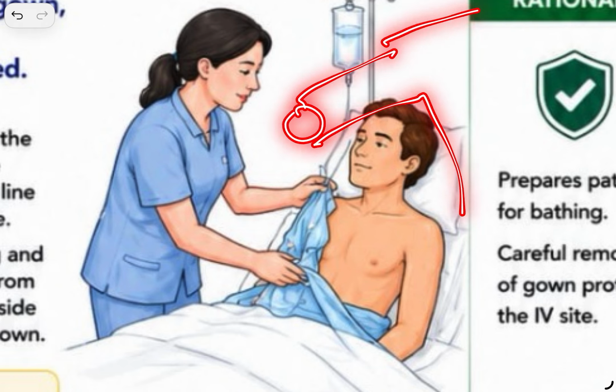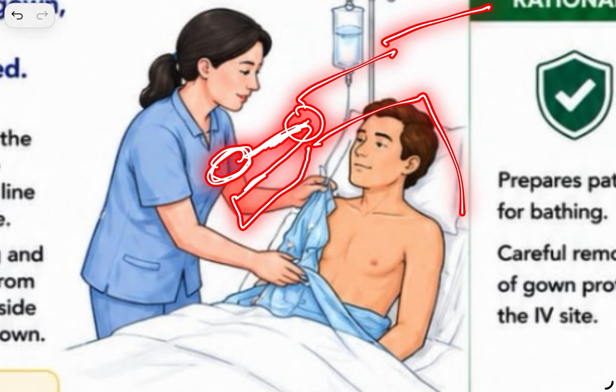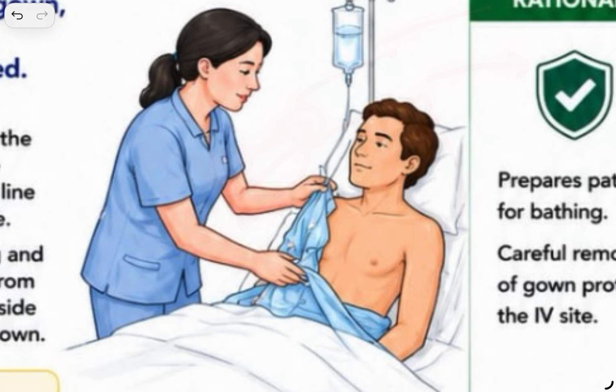This is the IV bottle, and this is the IV line, with the hand also here. So, you should take it from the outer aspect of the sleeve to the inner aspect of the gown, thereby you can remove the gown freely.